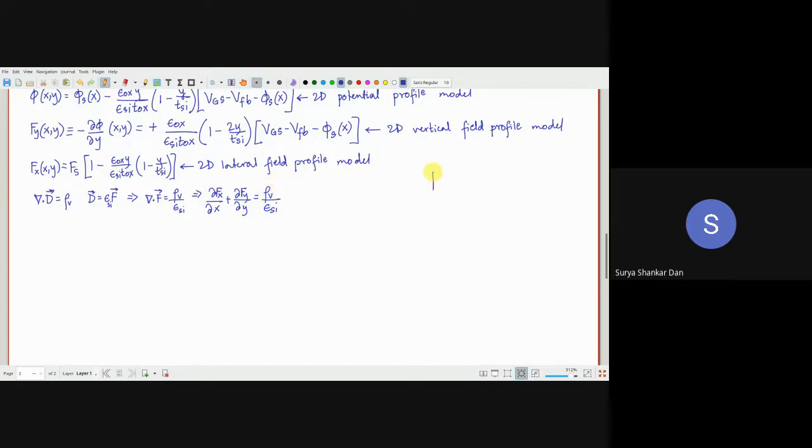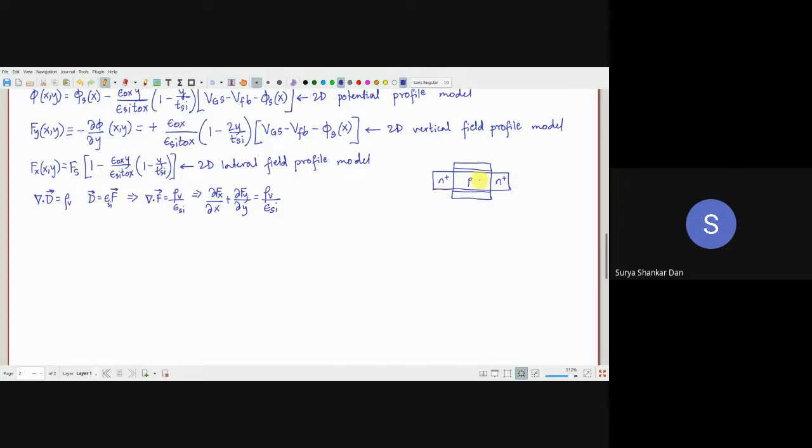Let us again redraw the structure. This is n plus, this is n plus. This is the P region. Later on, we will see the fundamental property of FDSOI, which we discussed in a couple of lectures earlier, in which the doping should be very, very low so that we can ensure the depletion width is larger.